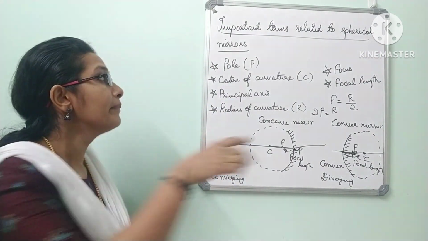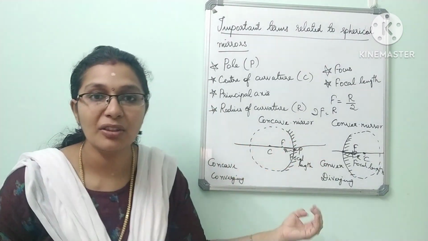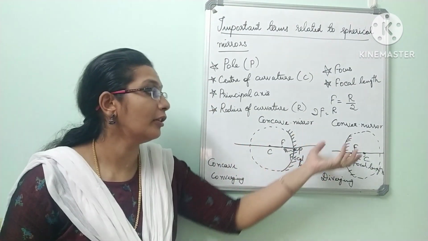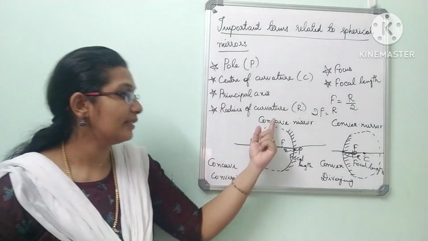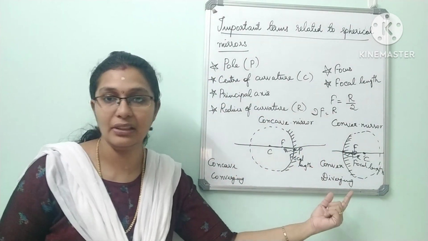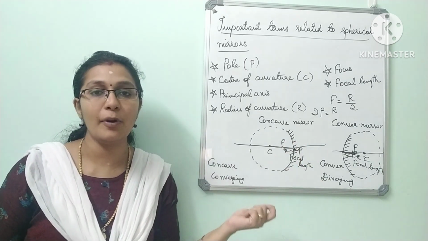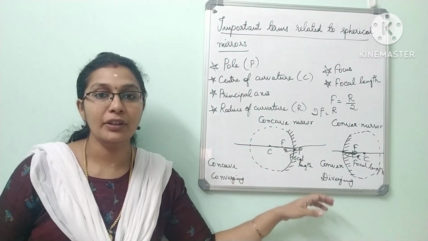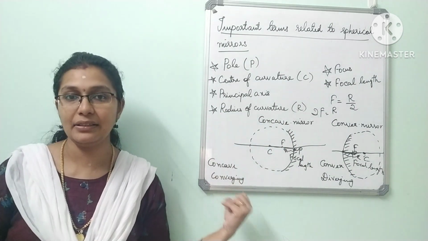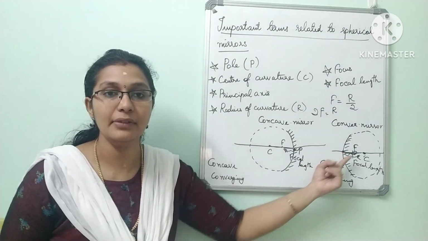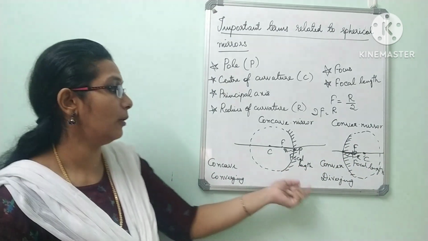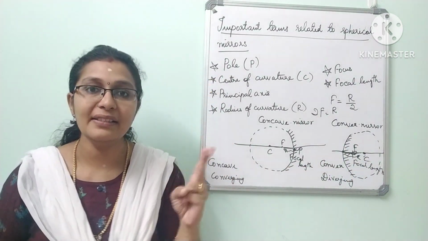Once again we will see. First, let us draw two mirrors. We have drawn the concave mirror and convex mirror, along with the sphere we have seen. This is the reflecting surface, and here this is the reflecting surface. The center point of the reflecting surface, which is a part of the sphere, is called the pole. The second was the center of curvature.